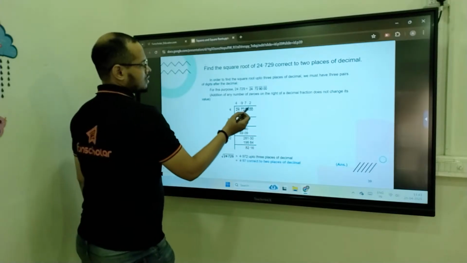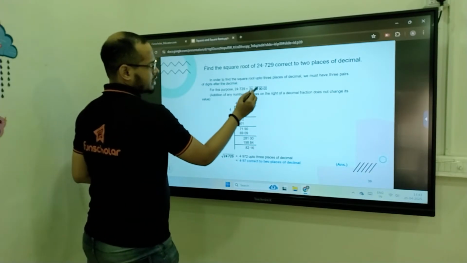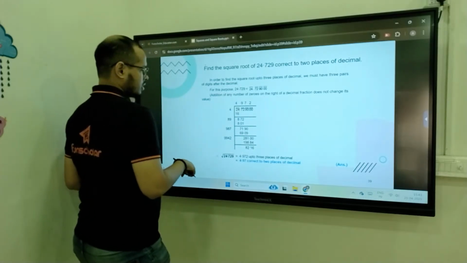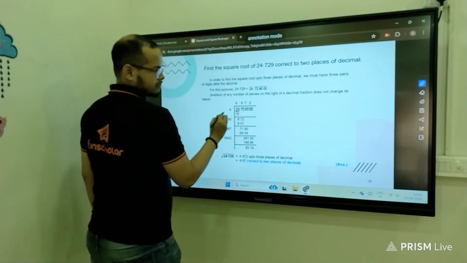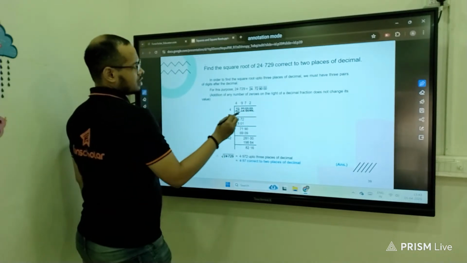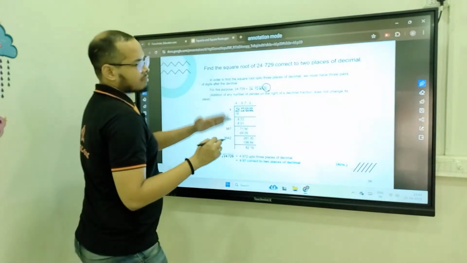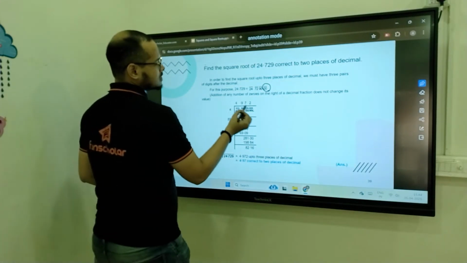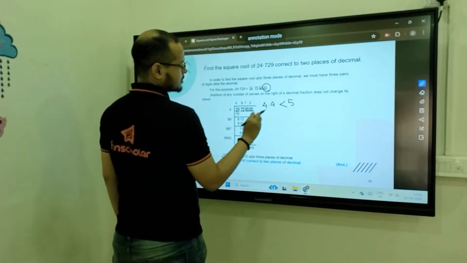Okay, so this is what was wrong with the sum. 7 to 9, I have to give the 0 to the right hand side. Okay, so let's check what they have done. So 24, 72, 90, and double zero. This particular portion comes after the sum when we are going after the first or second unit. But see, the answer is more or less less than 5, right? So I've already told you it will be 4.9 something.